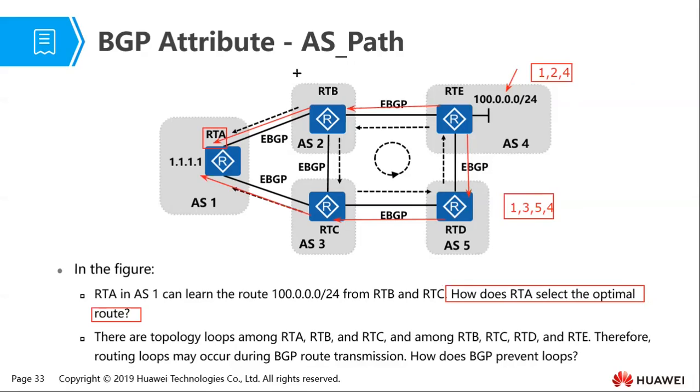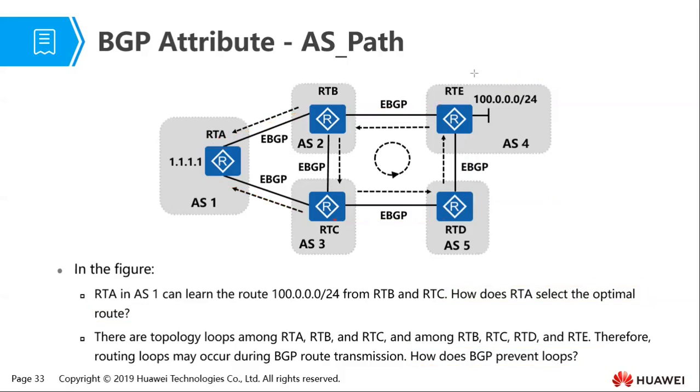Now, let's go to the second problem about loops. Now, as I've already explained, every time a route is advertised from one AS to another AS, the AS number is recorded in the AS path attribute. So that route is advertised to AS5, then advertised to AS3, then advertised to AS2.